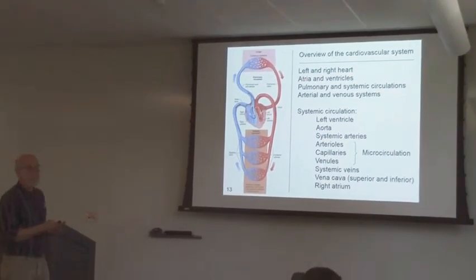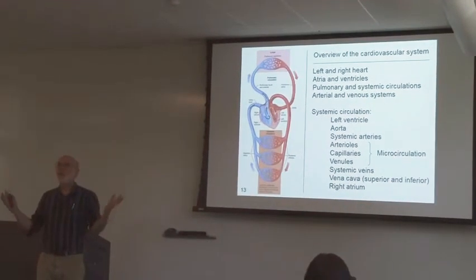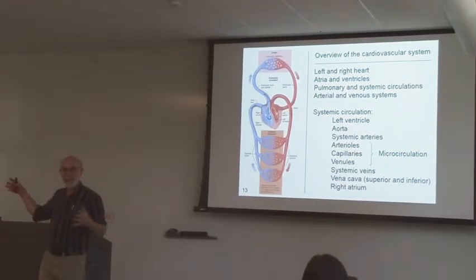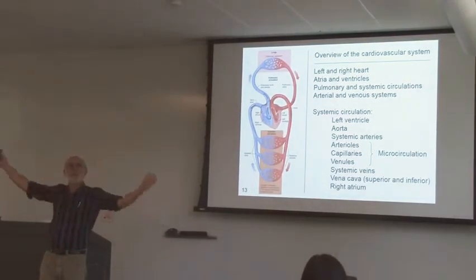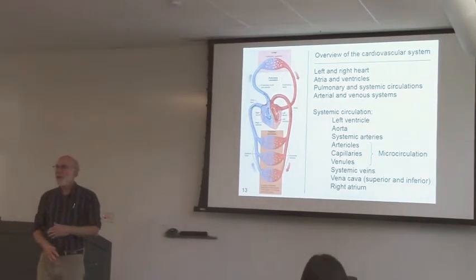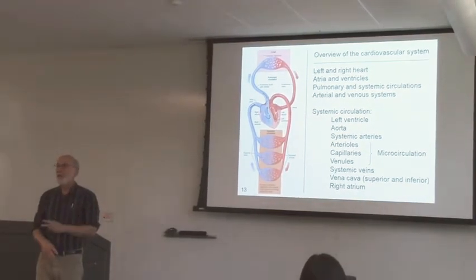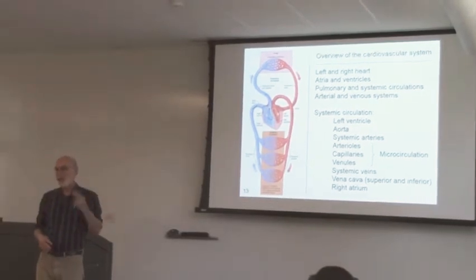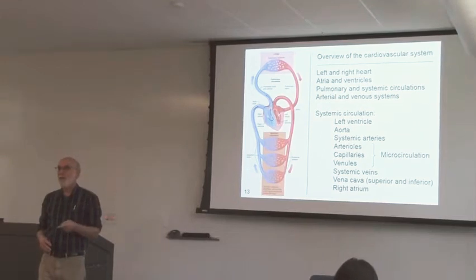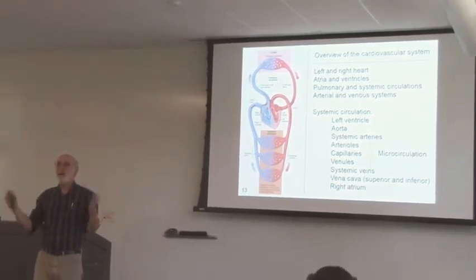We have atria, so you know that a building has an atrium. Like CST has that entry space with the sort of big high ceilings. The heart has 2 atria, 1 left atrium and 1 right atrium. Atrium is the singular, atria is the plural.